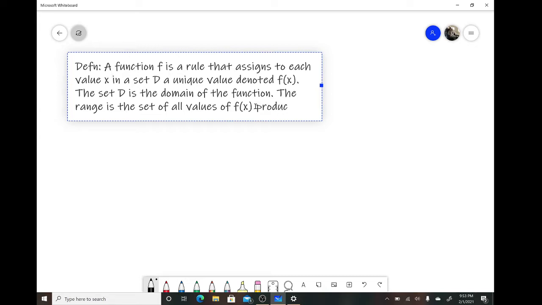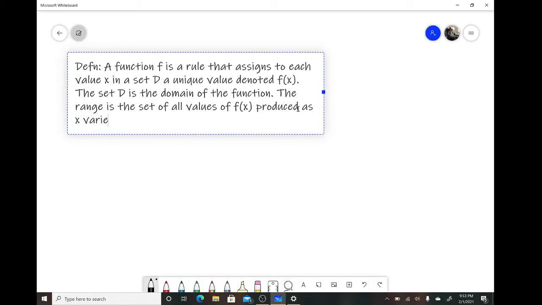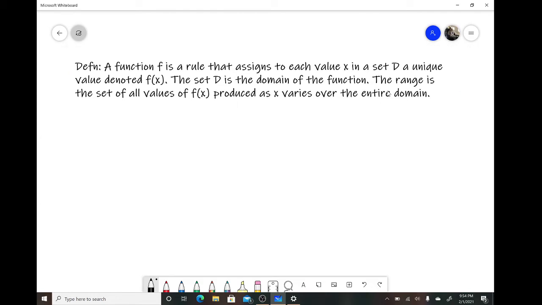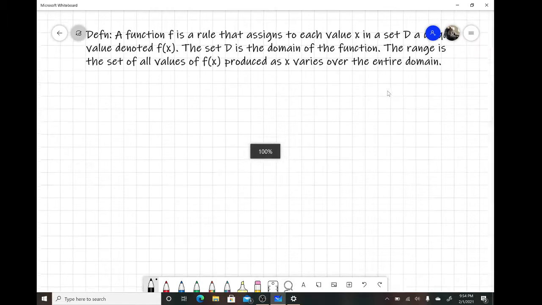This is very important for us to know, as we'll be referring to the domain of the function throughout the whole class. So this is one of the first definitions that we need to know.